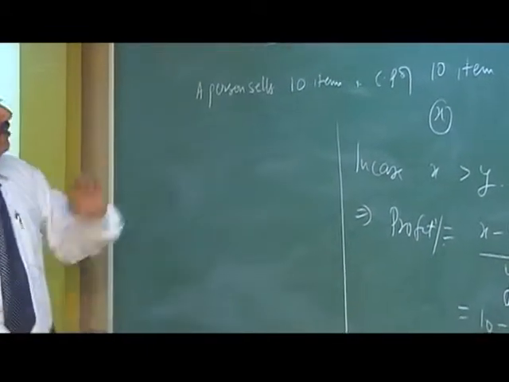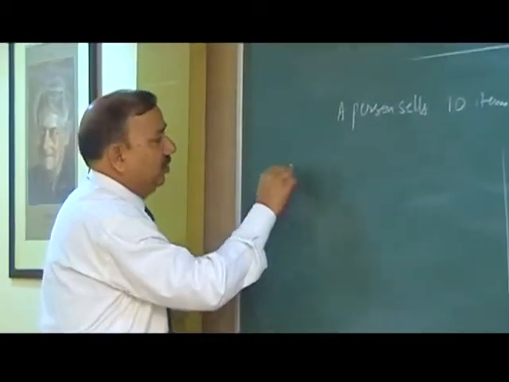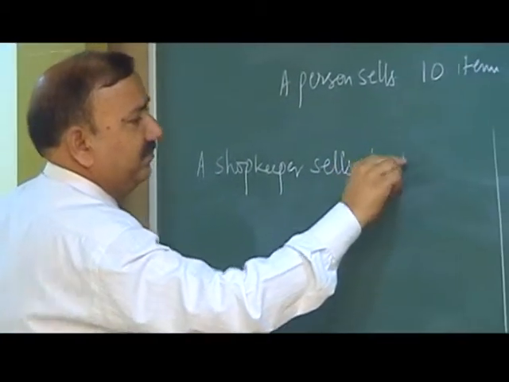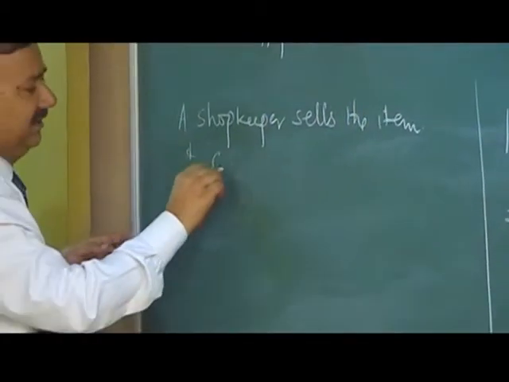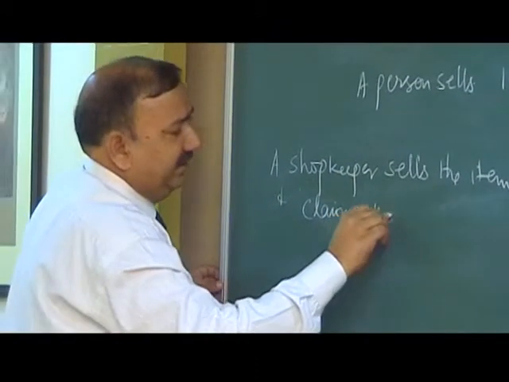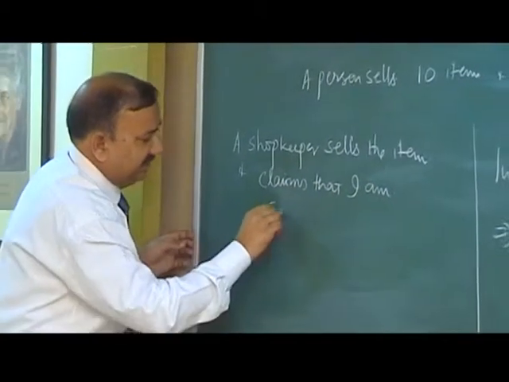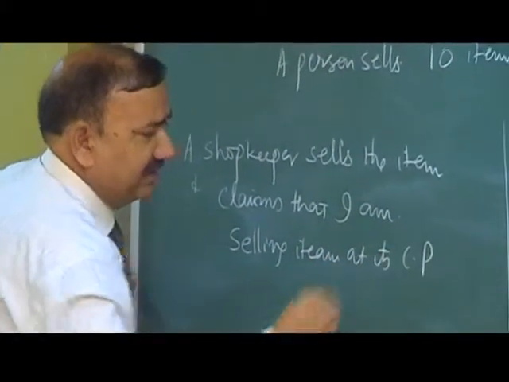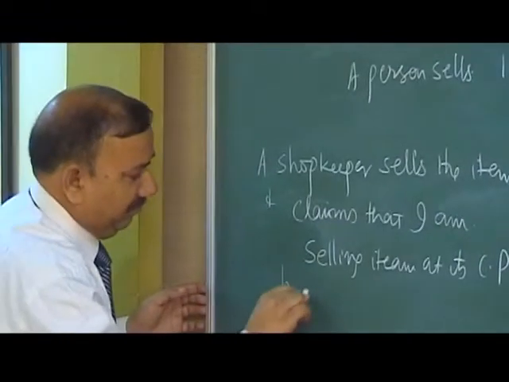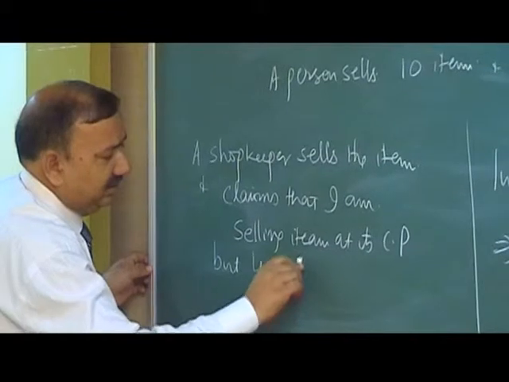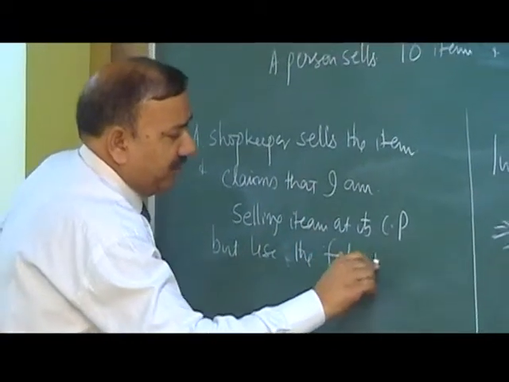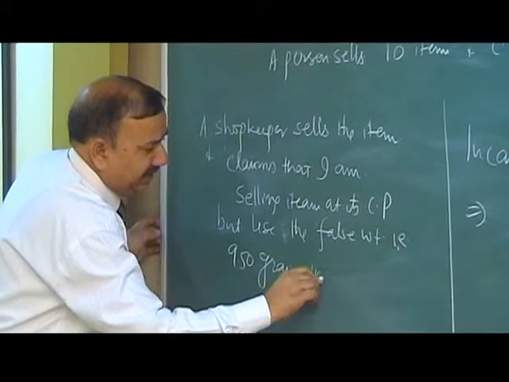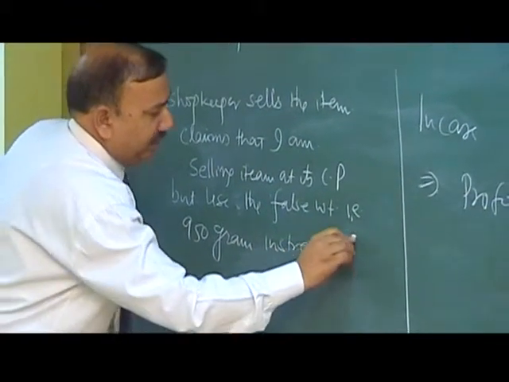Another question based on commercial maths is, suppose a shopkeeper sells an item and he claims that he is selling the item at its cost price, but uses a false weight, that is 950 gram instead of 1 kg.